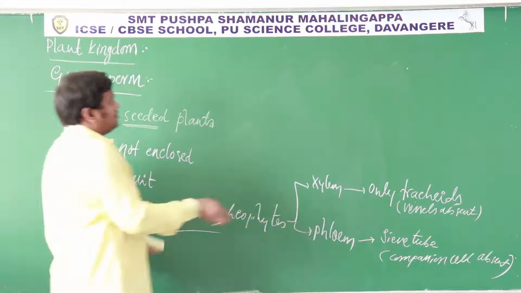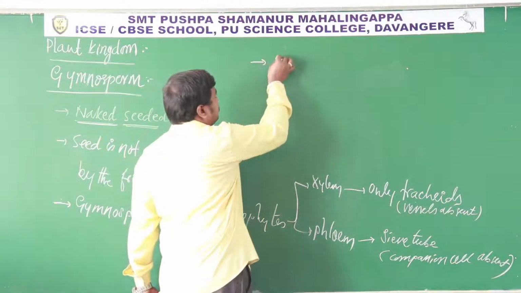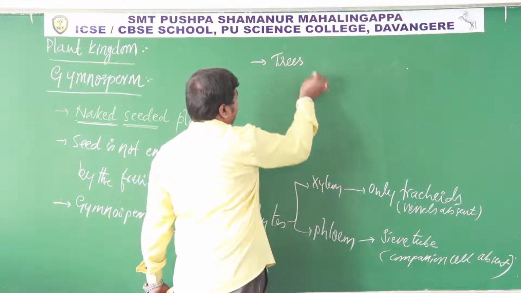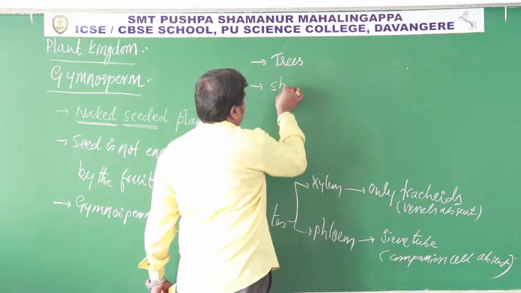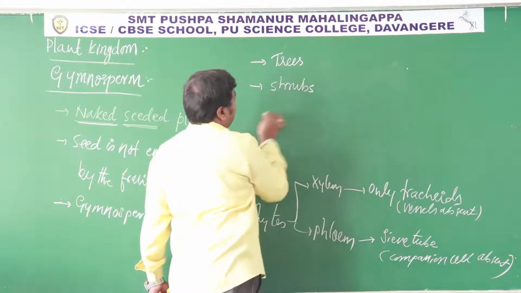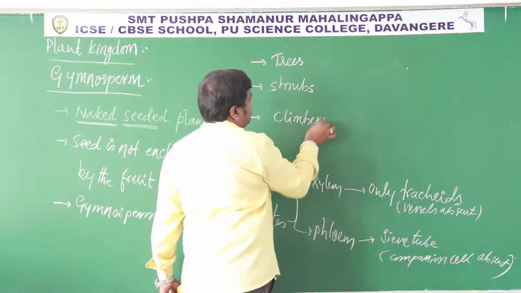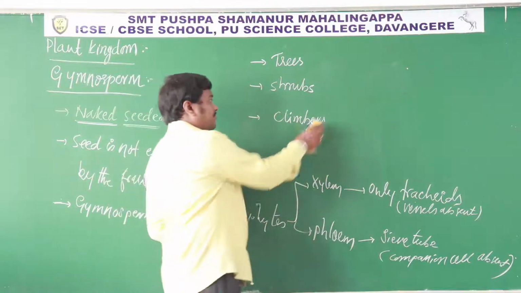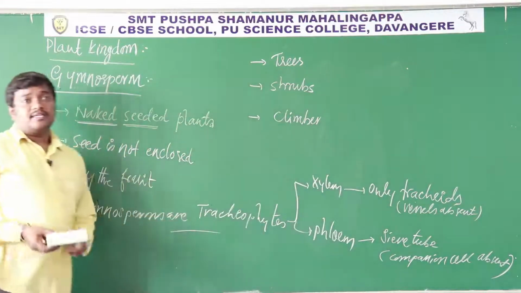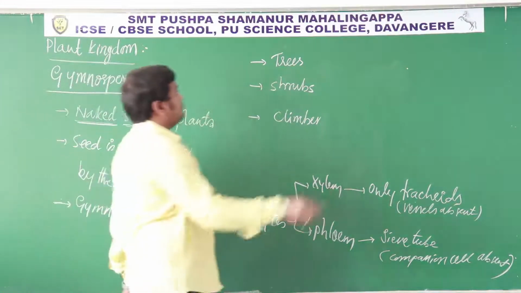These gymnosperms have trees, they have shrubs, and they have climbers as well. Only one climber is there. They form the largest trees.